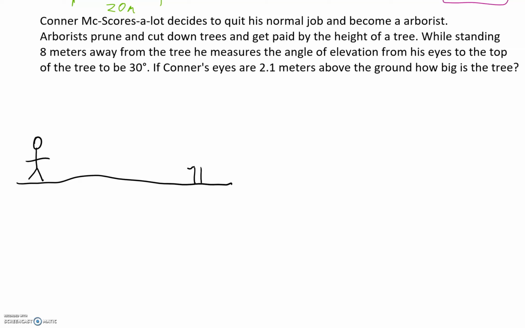So here we have the tree. Beautiful little picture, hey? And Connor scores a lot. So while he's standing 8 meters from the tree, okay, so let's start labeling some things. So this is 8 meters.